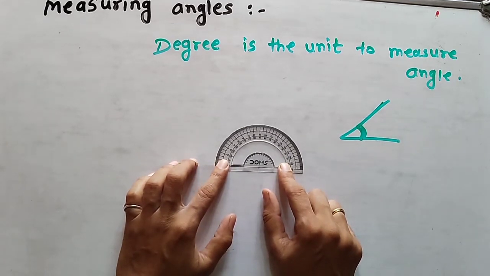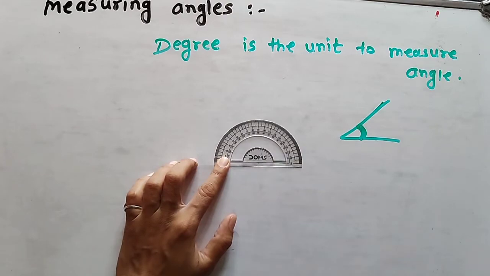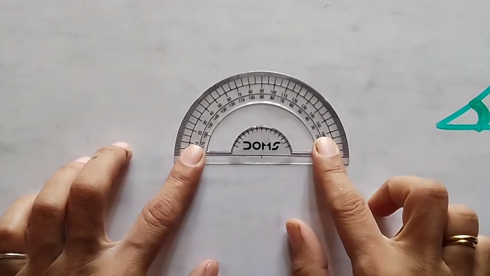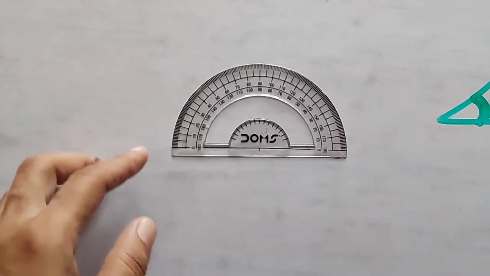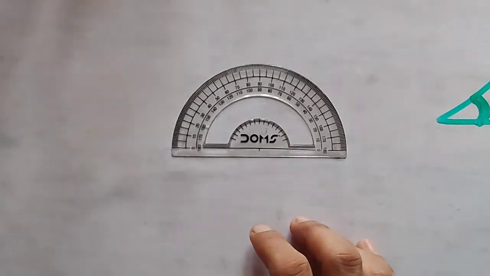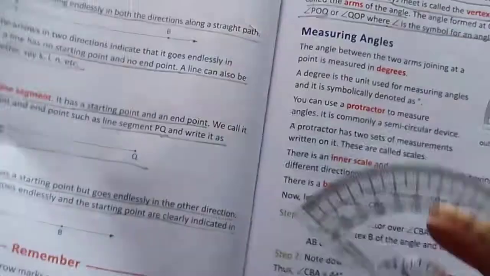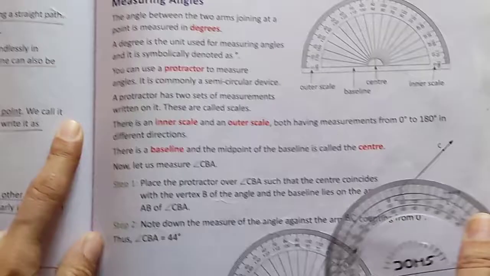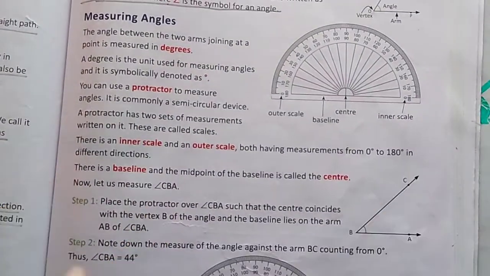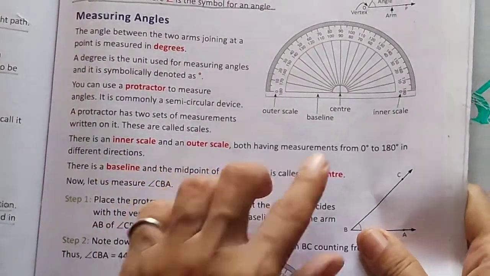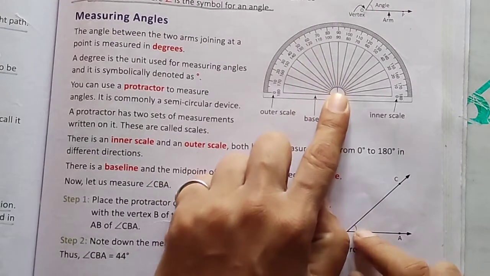So we see this protractor in your textbook. Okay, see, this is the protractor. You have to find it in your compass box. See here, this protractor is given.